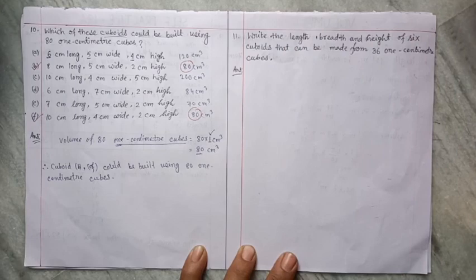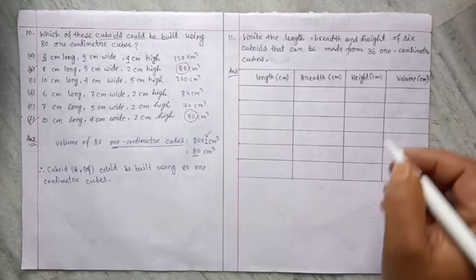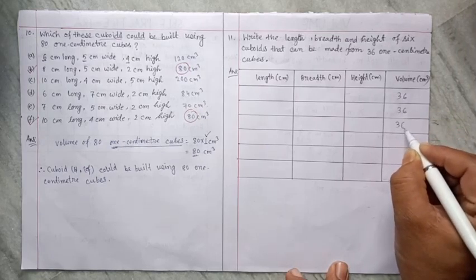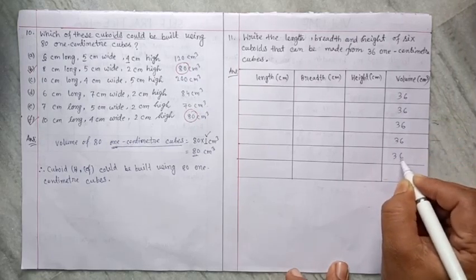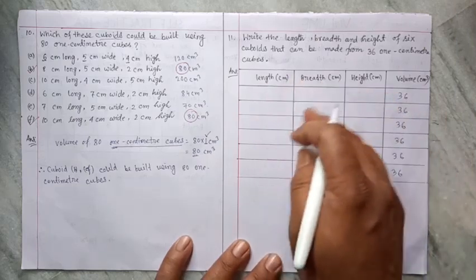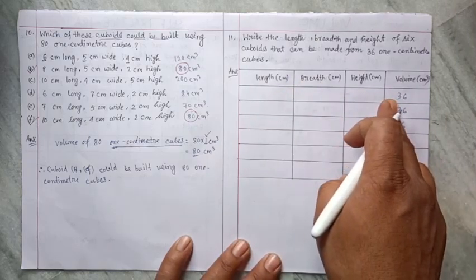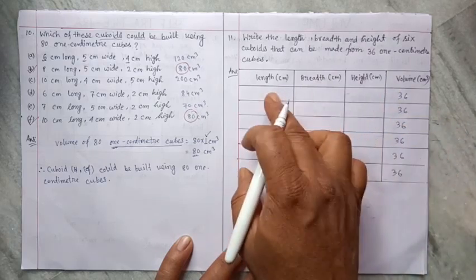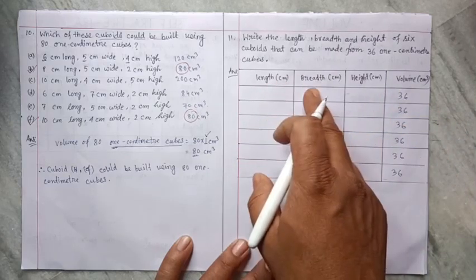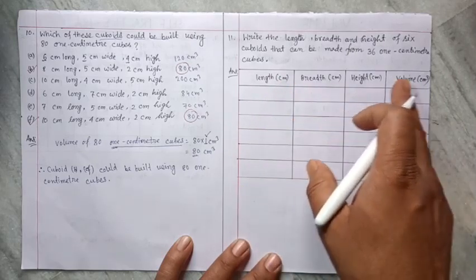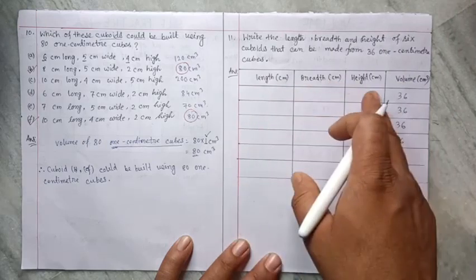Okay, so write this table. So the volume will be what? All 36. So 36, 36, 36, 36, 36 and 36. So you have to take 3 numbers whose product is 36. Is it clear? So you have to write here 3 numbers, length, breadth and height, whose product, length into breadth into height, is equal to the volume, 36.